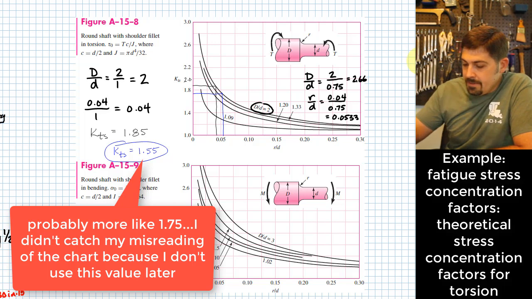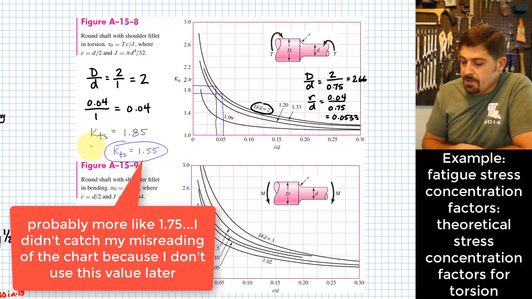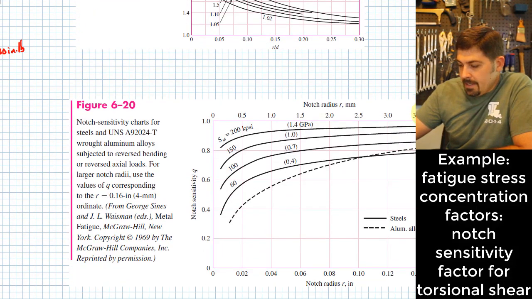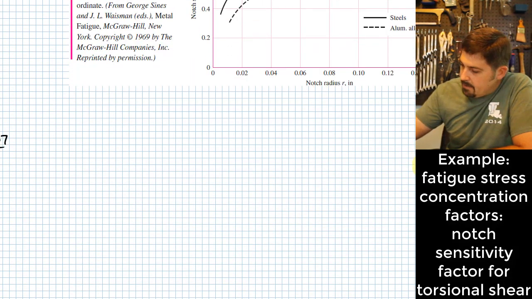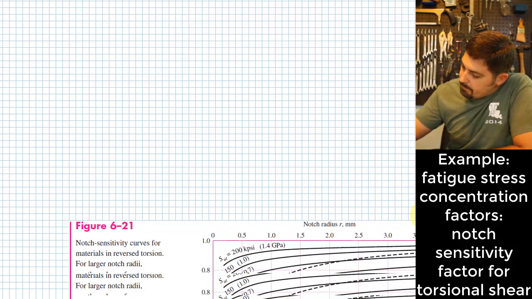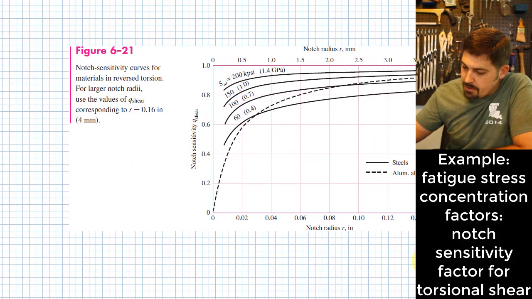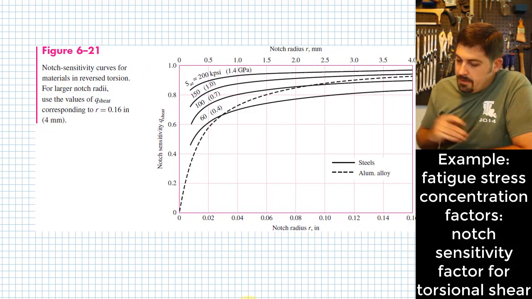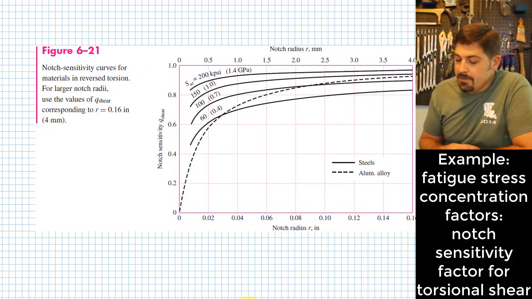That's finding the theoretical stress concentration factor for the case of shear. The next thing that we've got to do is take that, and here we go, this is the chart that I was looking for. In the case of shear, this is finding notch sensitivity factors.